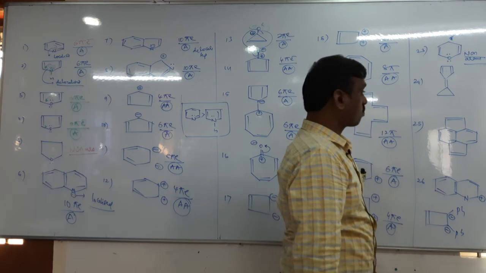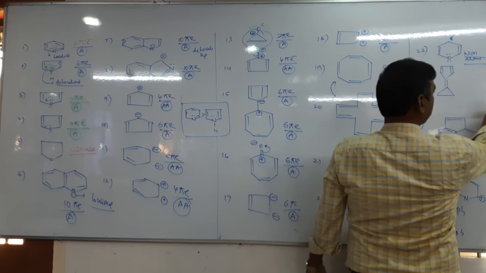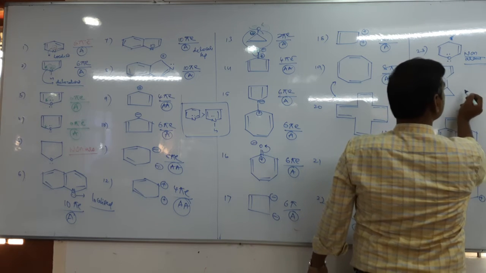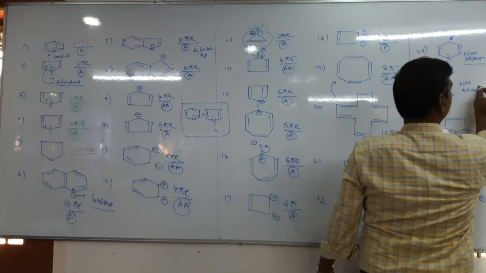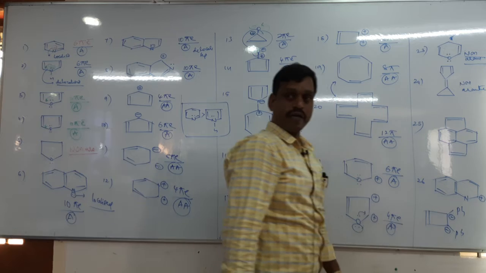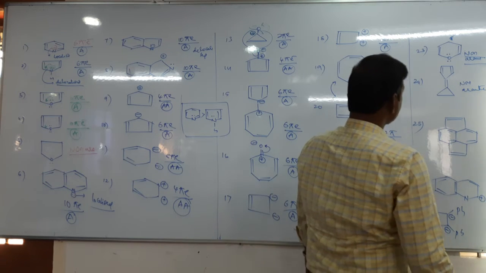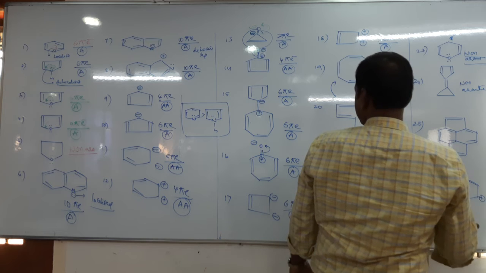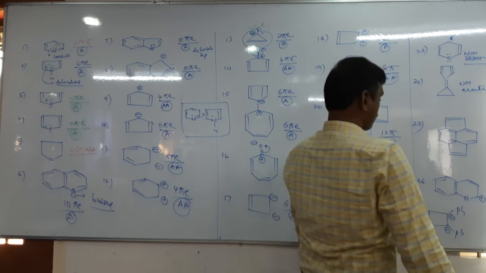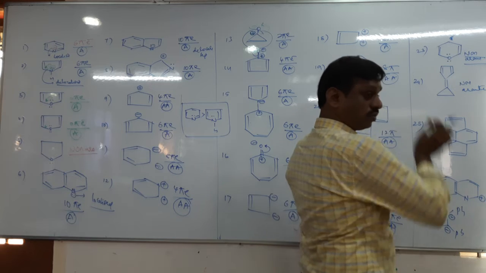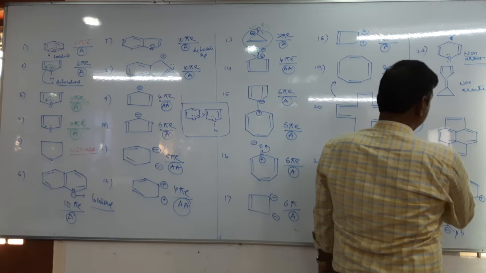Tell me. Non-aromatic, yes or no? Non-aromatic. Next is how many electrons? 14 pi electron.